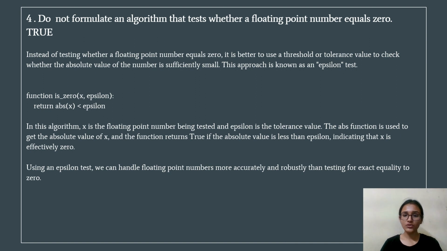So it is better to check whether the number satisfies the epsilon test or not, rather than checking its equality with 0. Using an epsilon test, we can handle floating point numbers more accurately and robustly than testing for equality with 0.